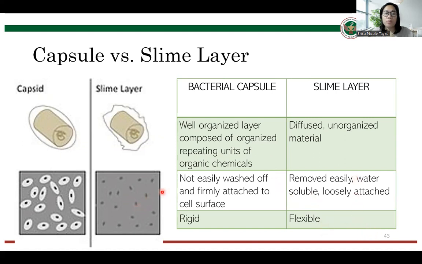That's why when we observe under the microscope, we will not be able to observe the slime layer anymore, because it is loosely attached and easily removed when you prepare the smear and wash it off. But your capsule is a more easily observed portion of the cell.